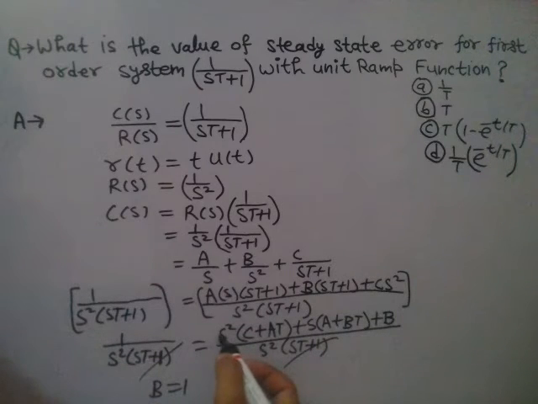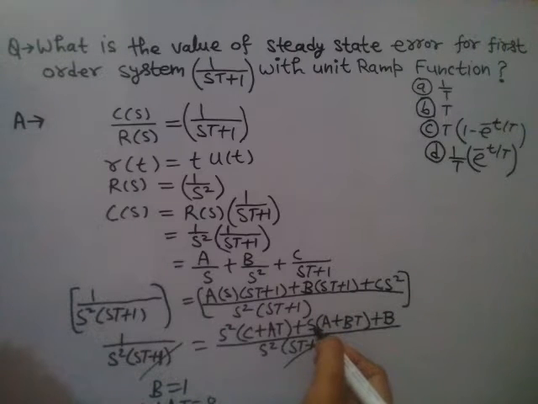The coefficient of s square is 0, so C plus AT becomes 0, and similarly the coefficient of s is also 0. So we are comparing the coefficients of s square, s, and s to the power 0. The coefficient of s to the power 0, that is B, is 1. The coefficient of s square, C plus AT, is 0. The coefficient of s, A plus BT, is 0.